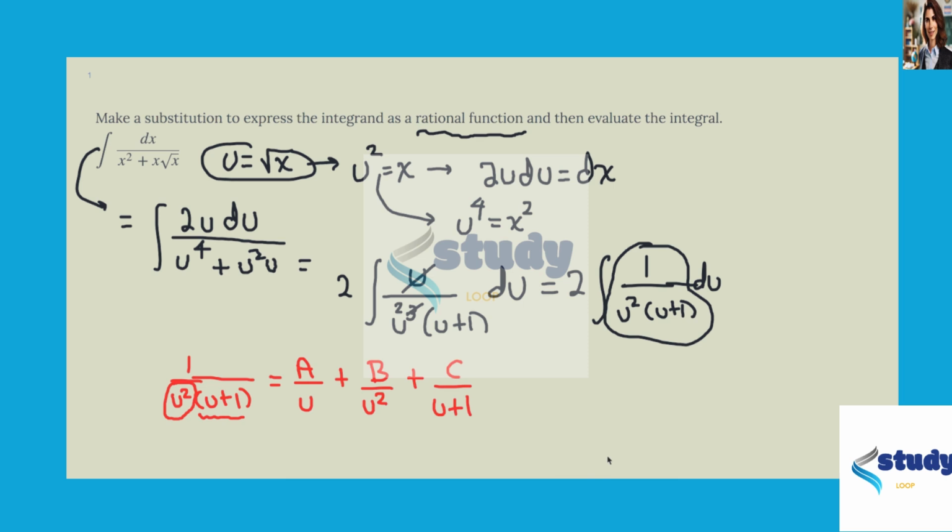Taking our new equation, let's multiply both sides by the denominator on the left. So we have 1 equals au, then u plus 1, b times u plus 1, and then we have cu squared.